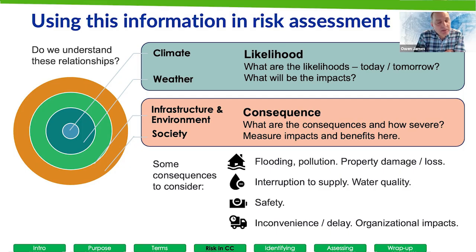So some of those climate parameters, some of those weather return periods that you would have heard about yesterday, we can use that information to feed into a likelihood evaluation. So what's the likelihood today, tomorrow? And then when we think about infrastructure and the environment and impact on society, that's the information that we're starting to use to think about consequence or impact. What do we think the consequences will be? How severe?